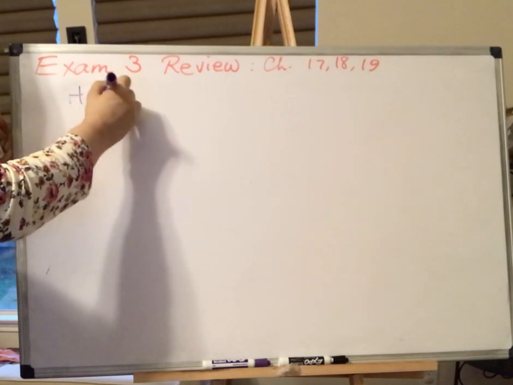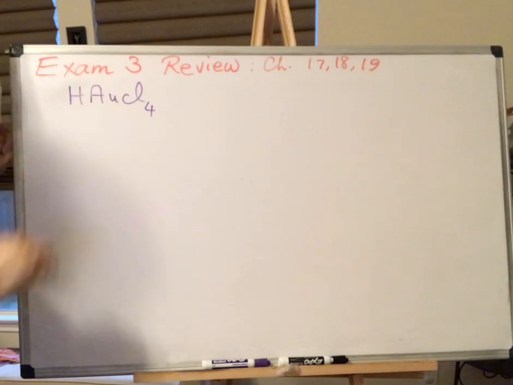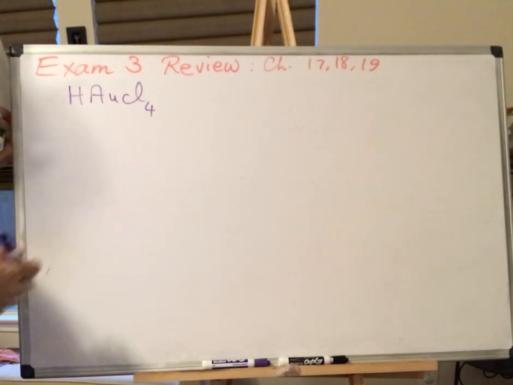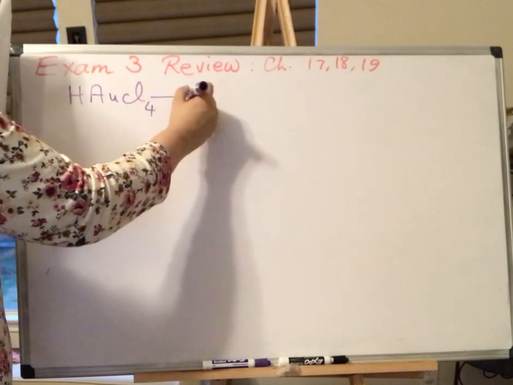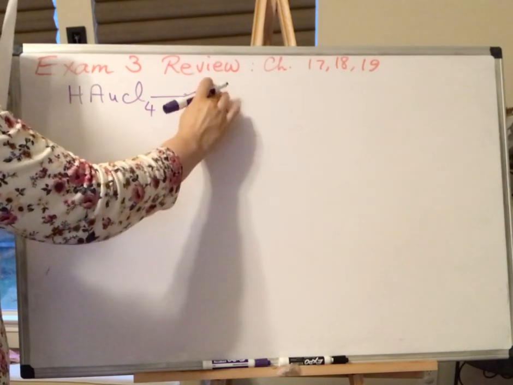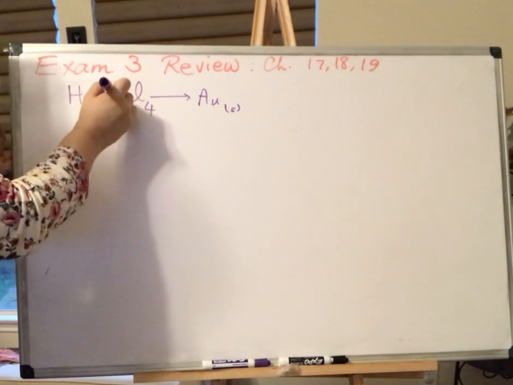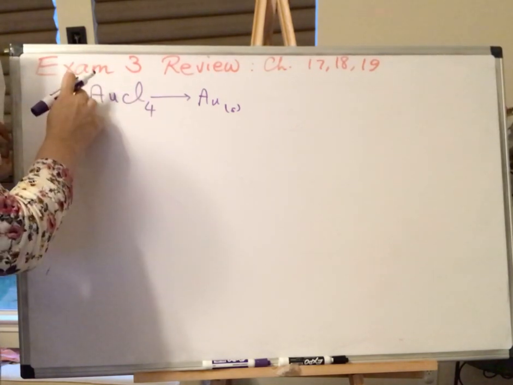Okay, first we need to know the number of electrons that is exchanged. How to find the number of electrons? We know that this is chloroauric acid. It is supposed to change to solid Au. So let's find the oxidation number of gold here.